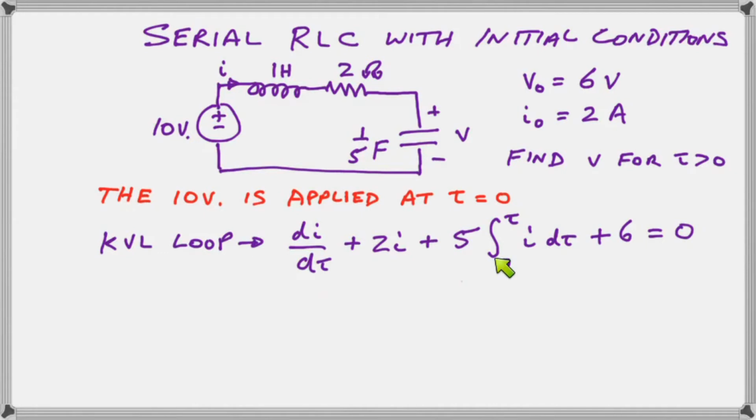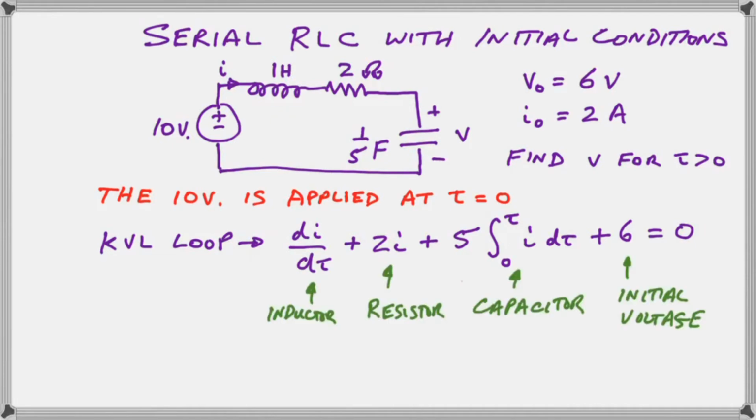That's 1 over the capacitance, which is why it's 5 instead of 1/5. We integrate the current, and the whole term gives us the voltage. We also have to include the voltage that it had initially, so that all of that adds up to 0. And just remember to put the initial voltage into the loop and you should be good to go.